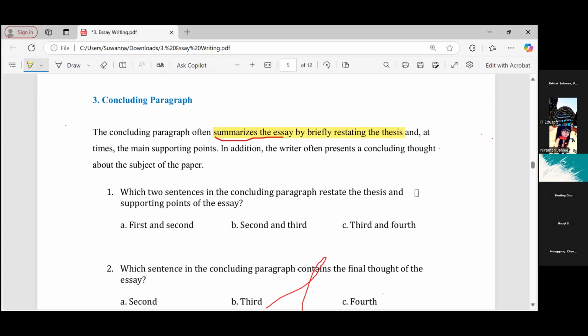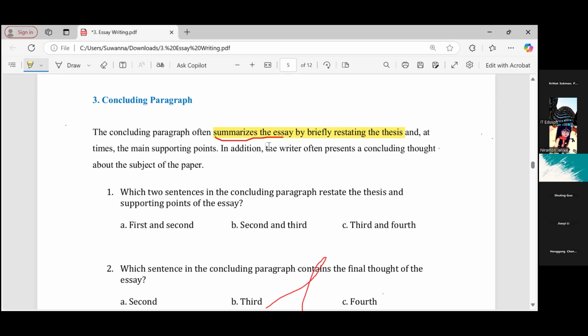It's like you mention your thesis statement once again, but with different wording. You restate, meaning you talk about it again, but you've got to write with different wording. And at times, the main supporting points.